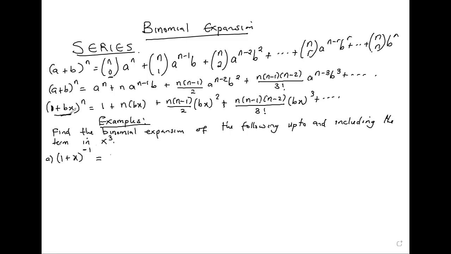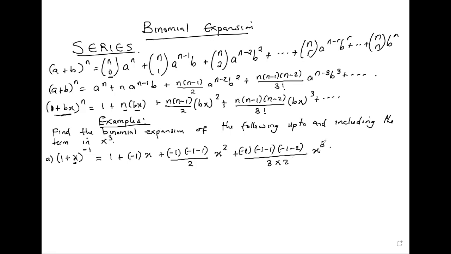So in expanding, you say 1 plus n, which is -1, multiplied by bx, which is just x in our case, plus n(n-1)/2, then x squared, and then plus (-1)(-1-1)(-1-2)/(3×2), and then x to the power 3. And then it goes like that.